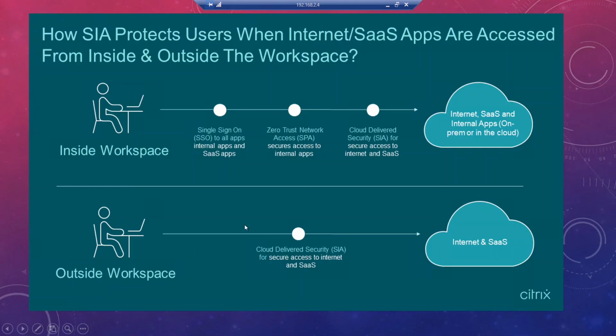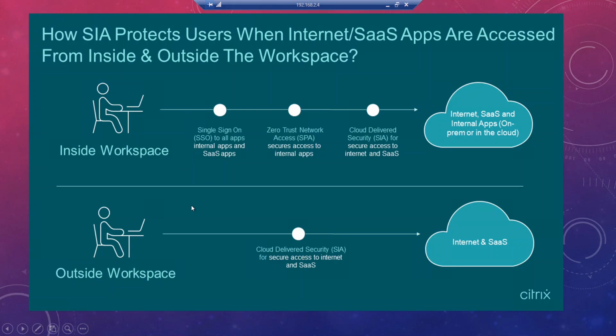Okay, so this is the overall picture. The user is connecting from inside workspace, and this is outside workspace. If the user is inside workspace, they have to go through single sign-on first to all applications, and then they go through zero trust network, and then they go through cloud delivered security for accessing the applications. So this is inside workspace.